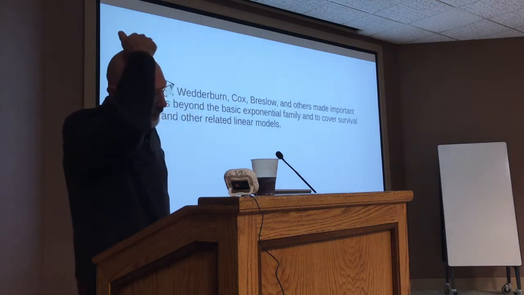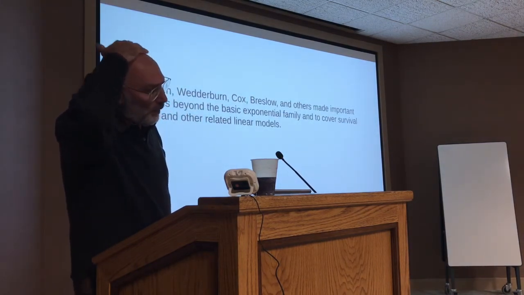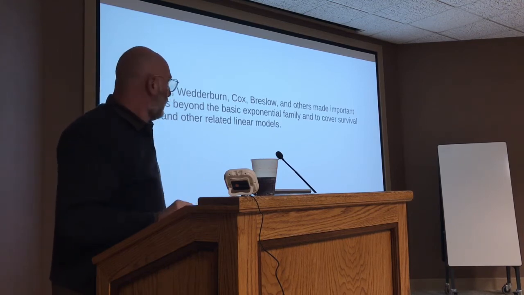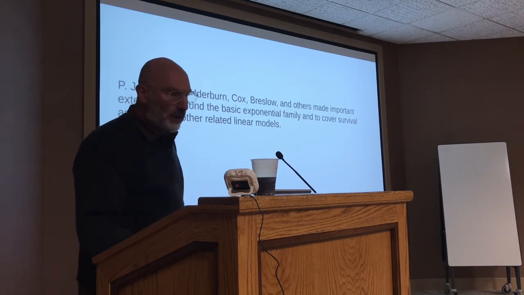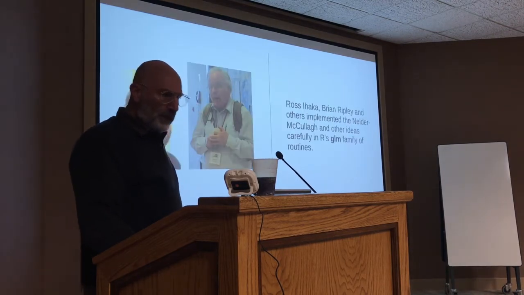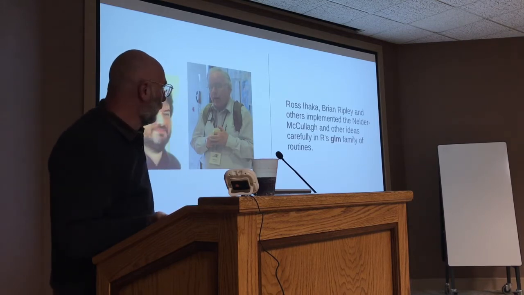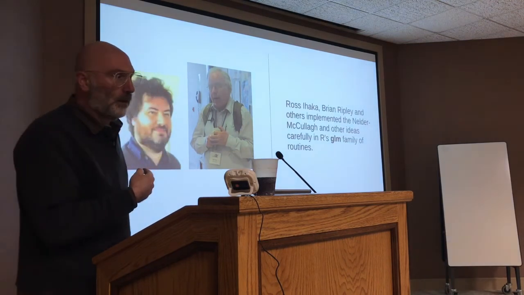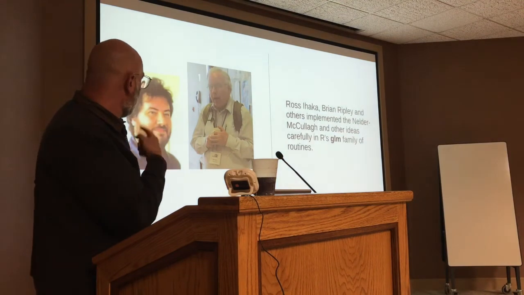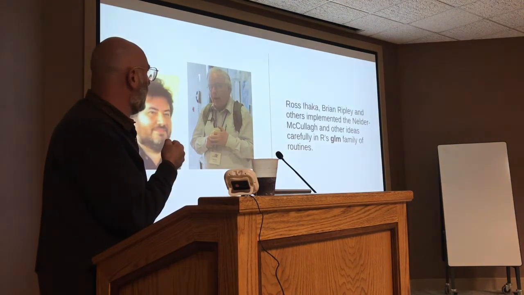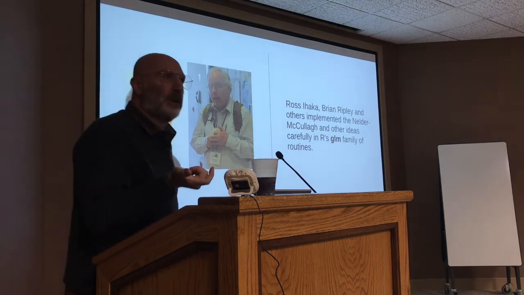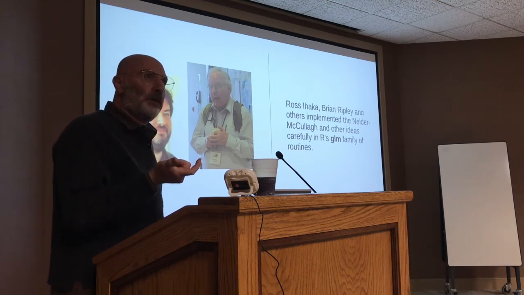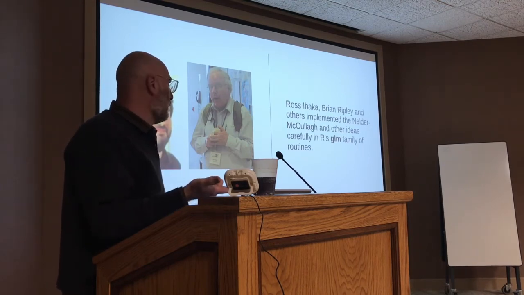And there are a lot of other people. Those are the three big names, but Green, Wedderburn, Cox, Breslow, and lots of other people in mostly the 70s and 80s fleshed out these ideas really nicely. And from our perspective in the world of R, it was Ross Ihaka and Brian Ripley who did the most work implementing GLM. When you read the code inside the stats package for the GLM function, it's very faithful to the Nelder and McCullagh book.